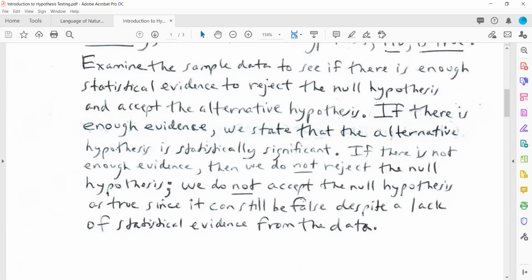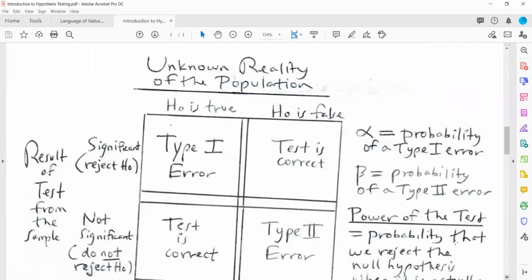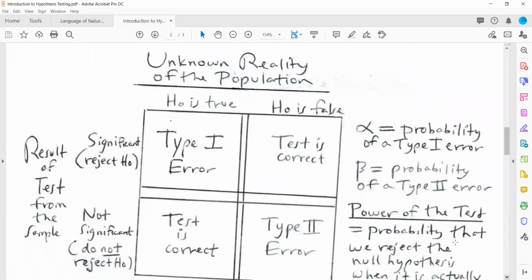We do not accept that. We just say that we cannot say it's false because there's a lack of statistical evidence. Right? Hope that sort of makes sense. Now, let me show, again, this diagram here sort of explains it.